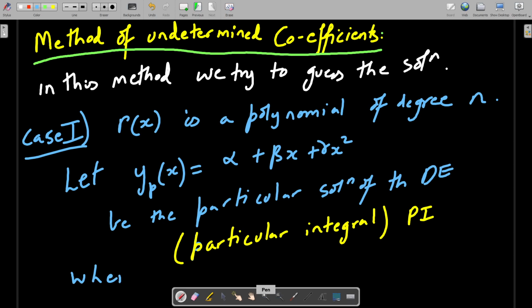Where alpha, beta, gamma are unknown constants to be determined.